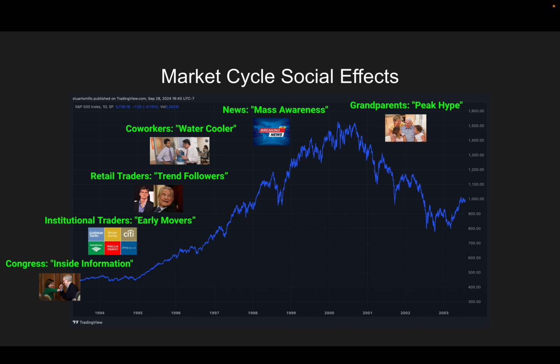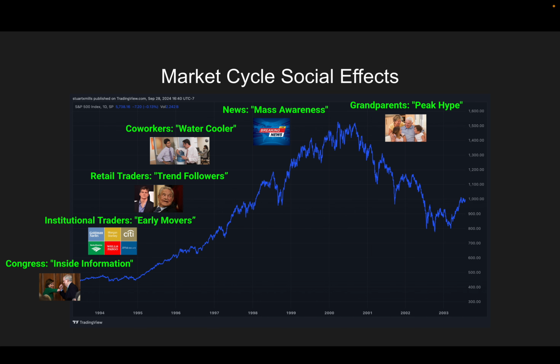So we can see here on the bottom left we have a Congress type. This type is the first to get into the market. They're the earliest to get into the market, and they have inside information that nobody else does. So as you can see, these are like the Mitch McConnell or Nancy Pelosi types.